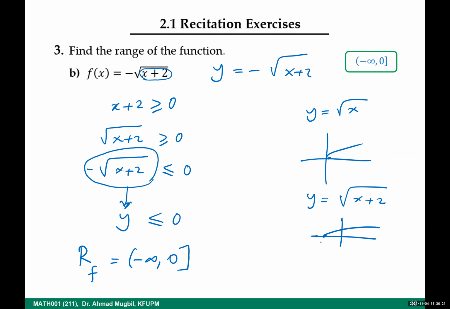It will be shifted to negative 2. Then it will be reflected in the x axis, so it will look like this. This is just an introduction to 2.6 from now. If you don't know how to do that right now, you will be able to do it next week.